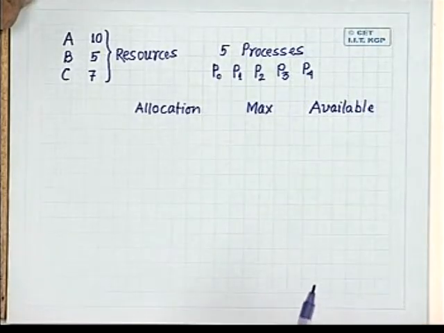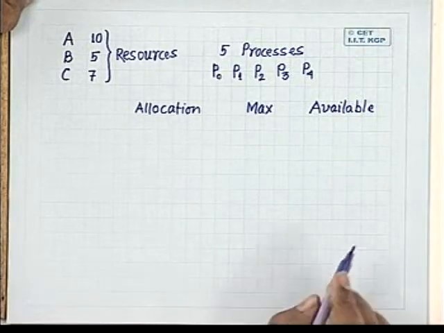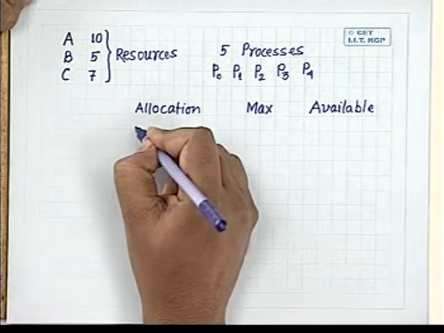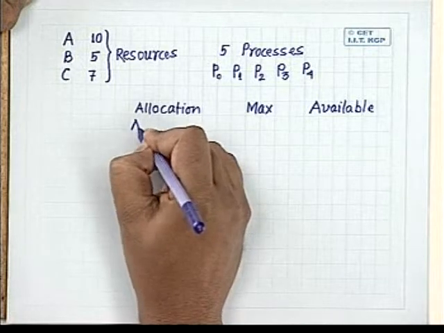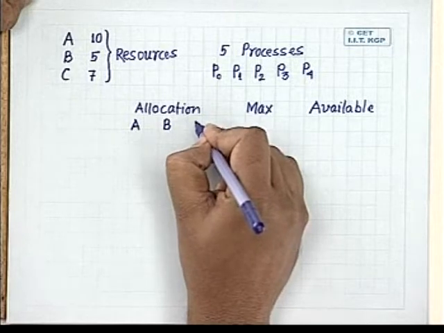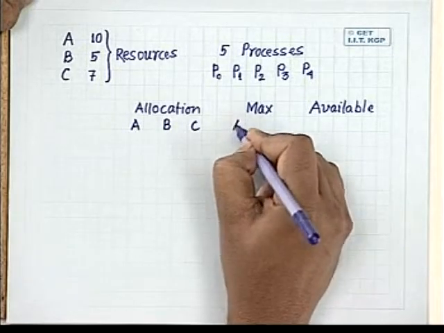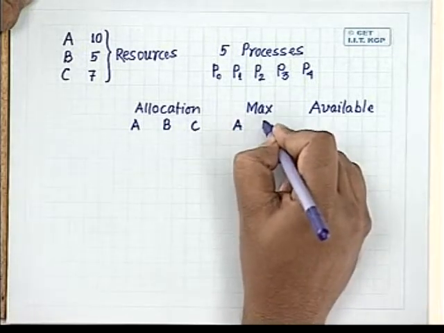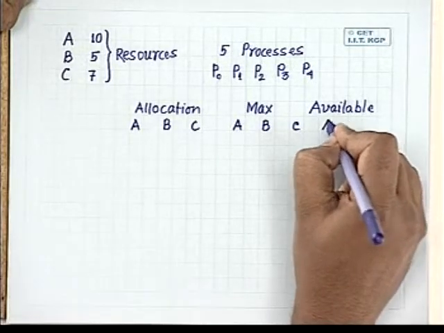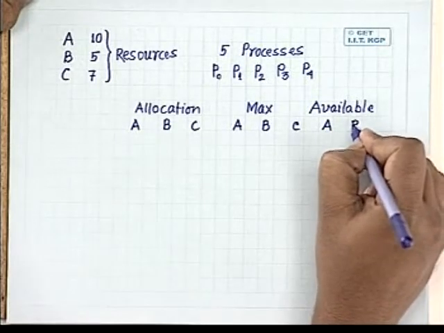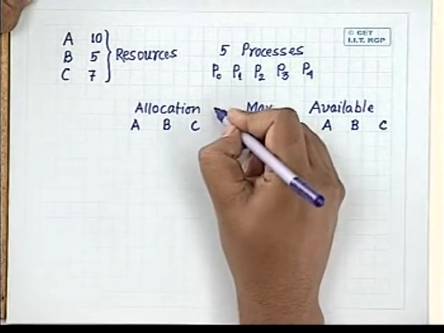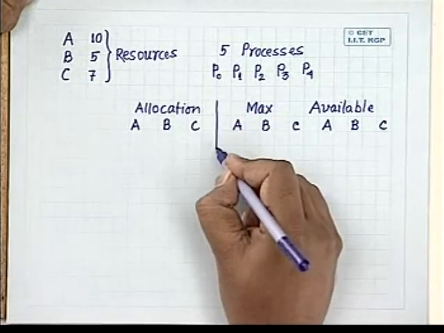Because there are three resource types A, B and C, let us have different columns for different resource types: A, B, C, and similarly for available we have A, B and C. So these are the tables that we will make.